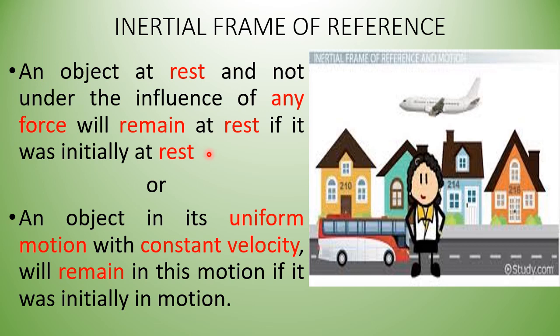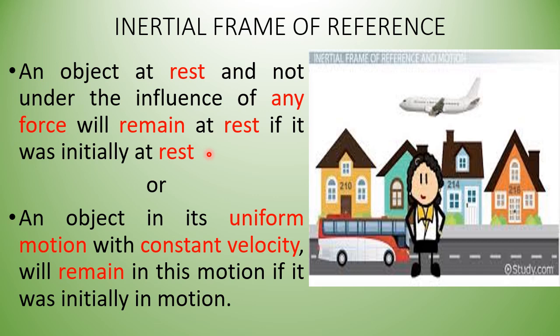So if you keep a stone on the ground, and that stone is not under any influence of a force, that stone will continue to remain there at rest since it was initially at rest. It will not move except an external force is applied to it so that it can shift it. Alternatively, you can say that an object in uniform motion with constant velocity will remain in this motion if it was initially in motion.